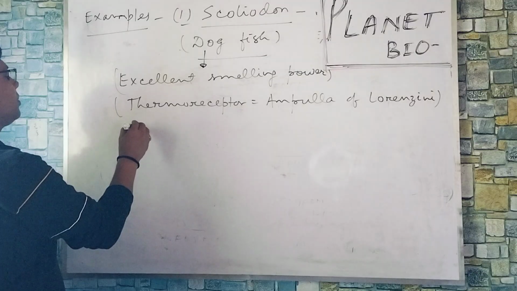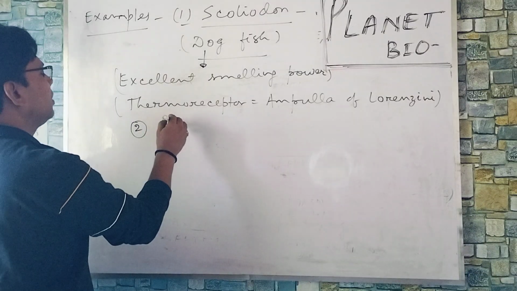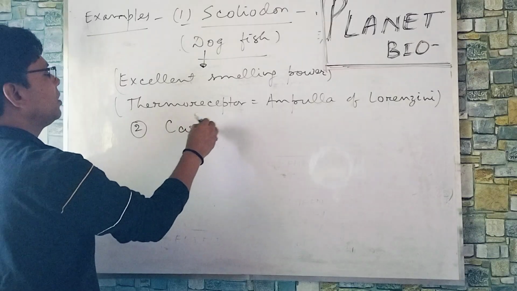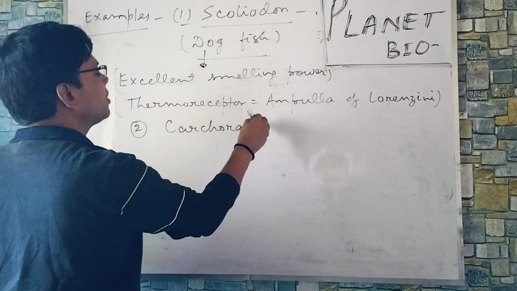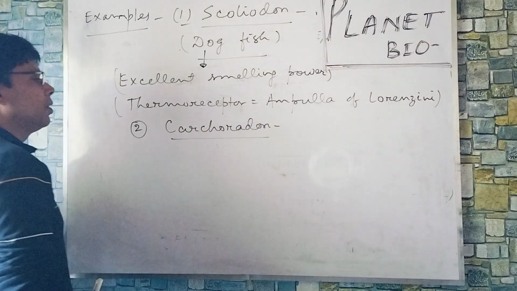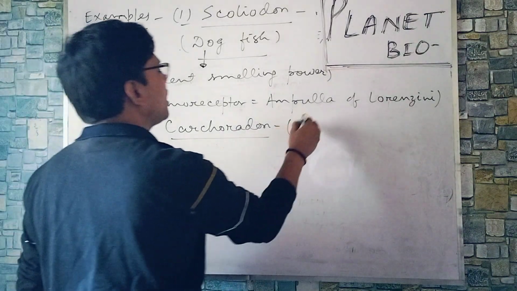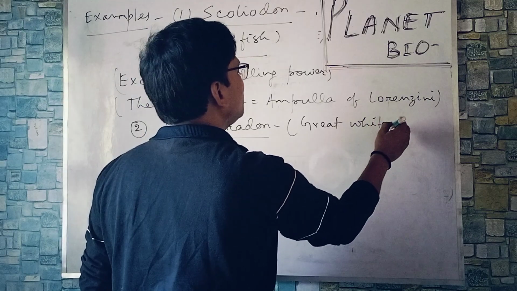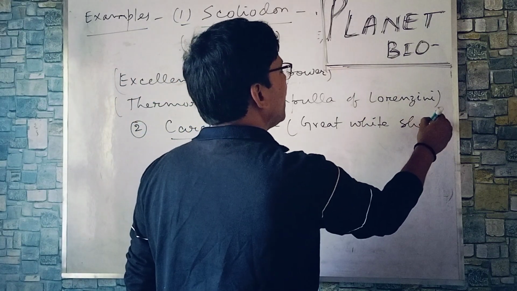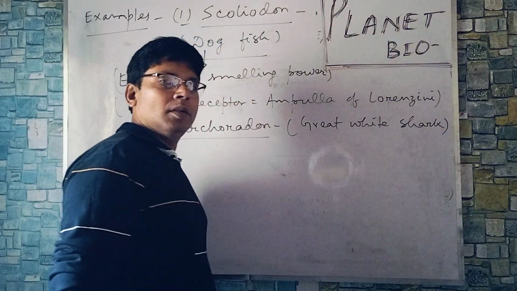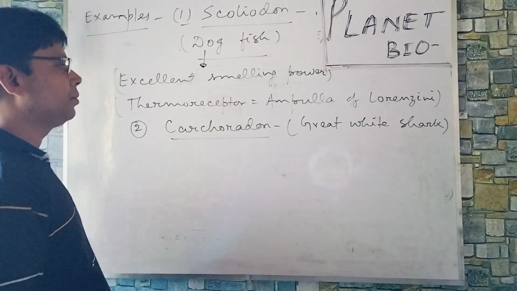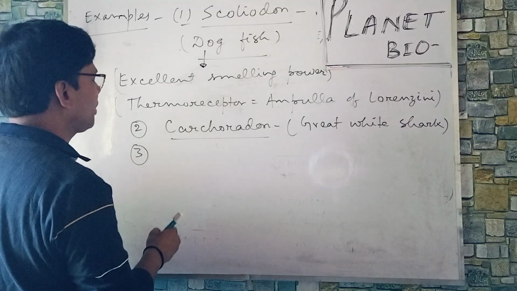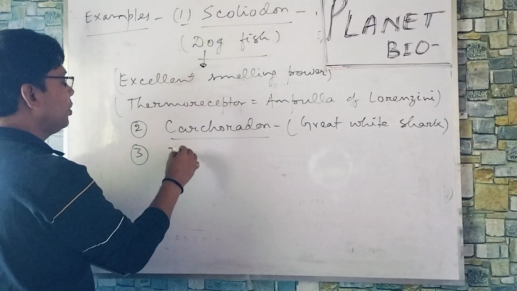Similarly, we have another one, Carcharodon. Great white shark, this is the common name. Huge body and very attacking nature. Then we can write Torpedo.